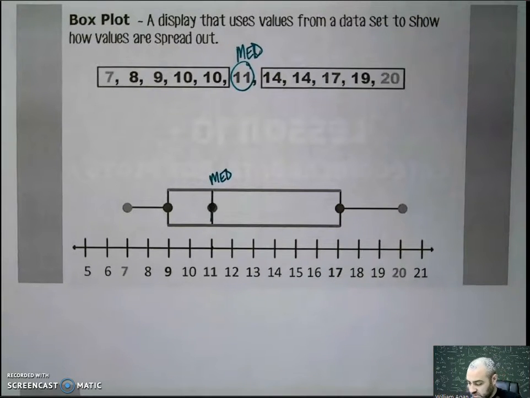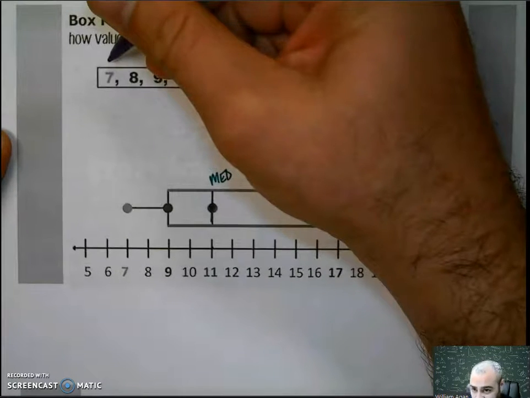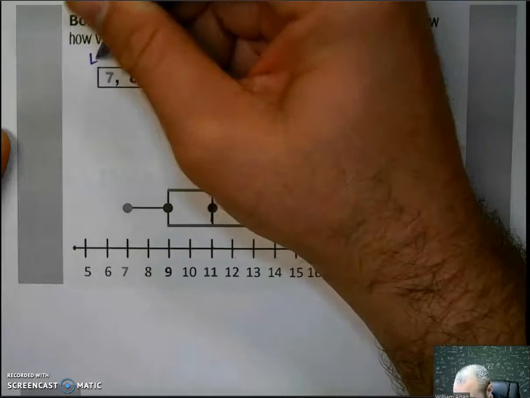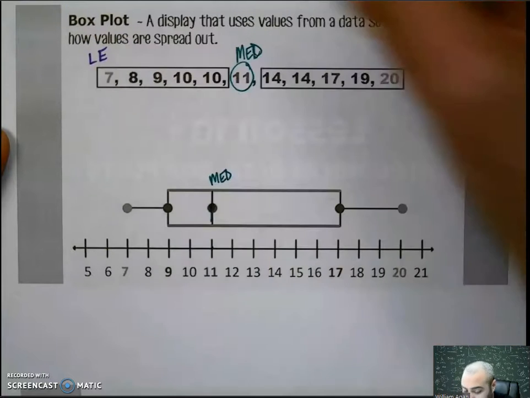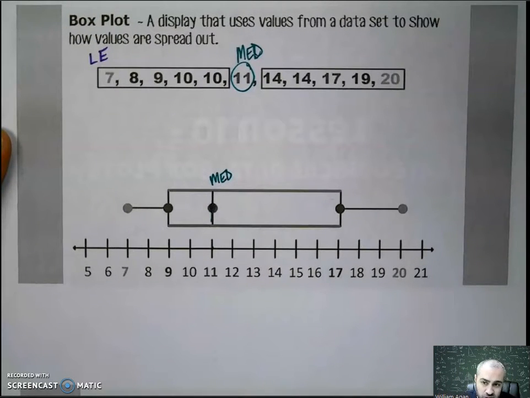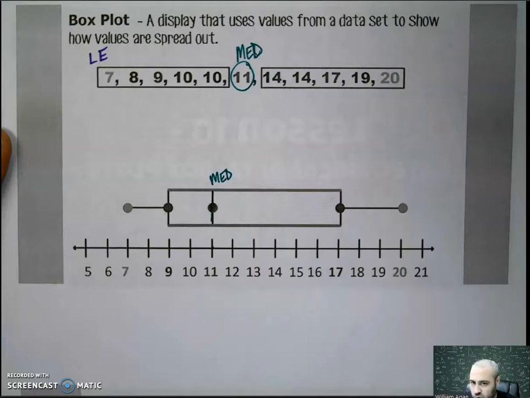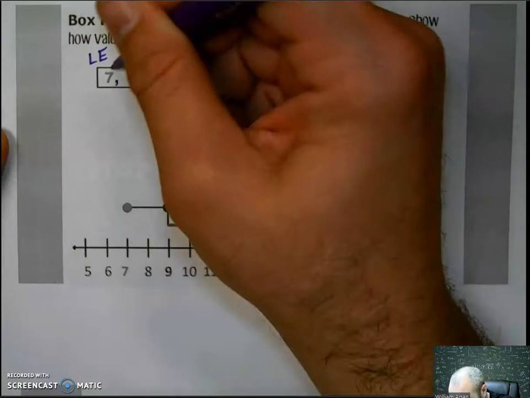All right. So the next thing that I'm going to look at is the least value, which is called the lower extreme. So right over here, this is the least value. That is the lower extreme. I'm going to abbreviate that as just LE because I don't want to write lower extreme every time.